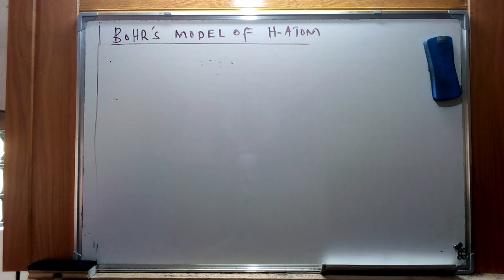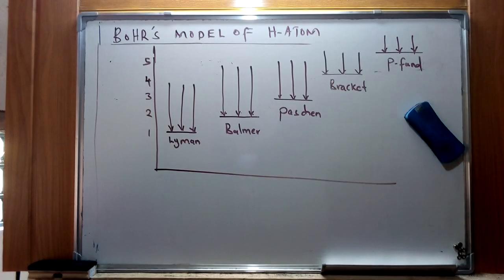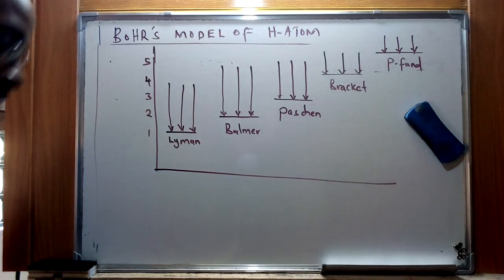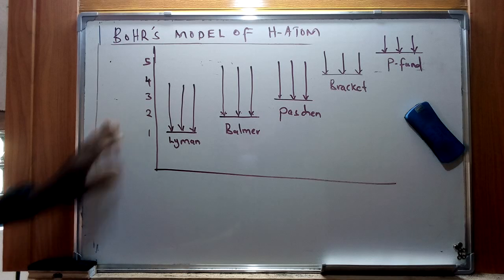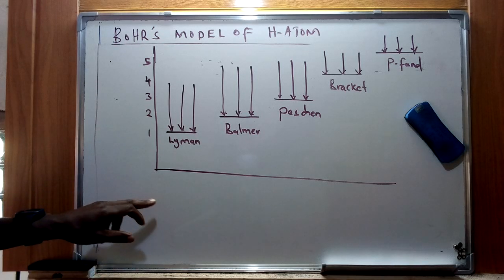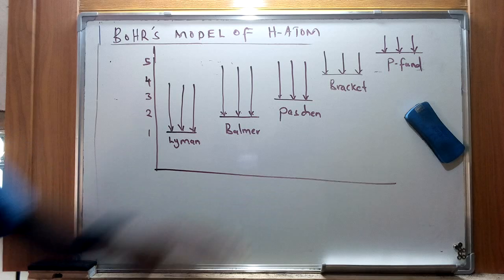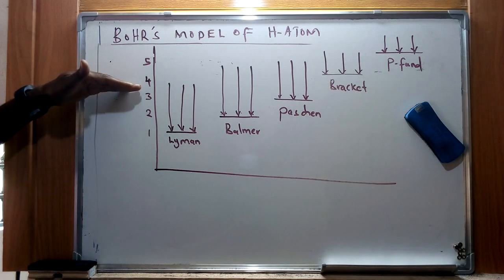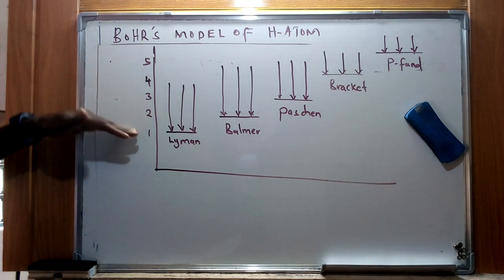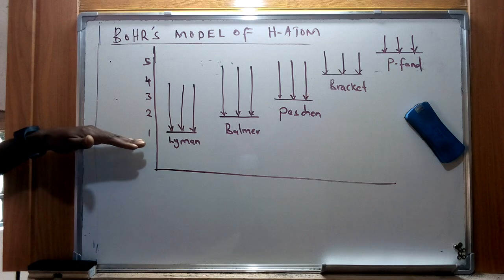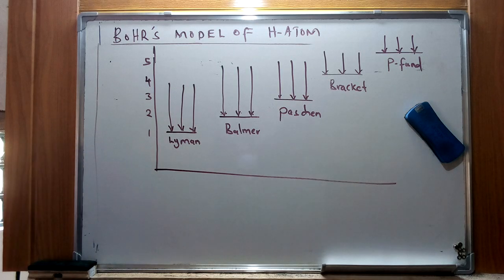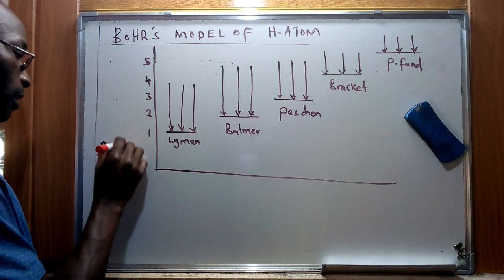Suppose I had this particular illustration. Now this has a series of emission lines which I've drawn on the board, and they have different names, and we're going to look at these various parts. This one illustrates the excited state of electrons falling into lower energy levels, and we have various names for each specific energy level.